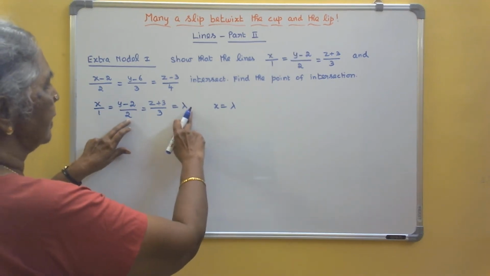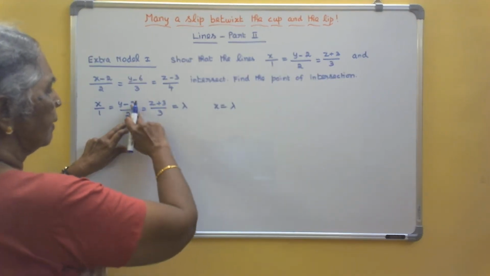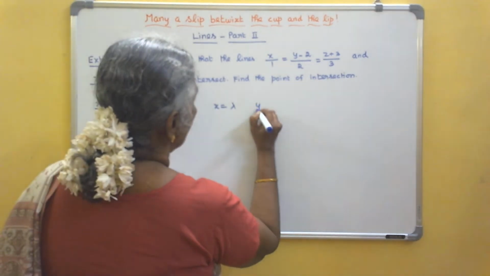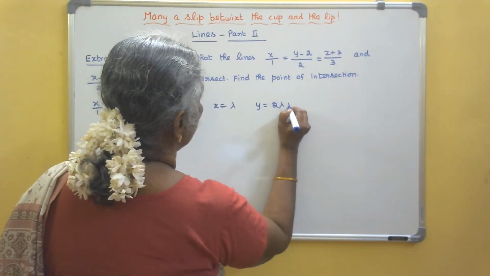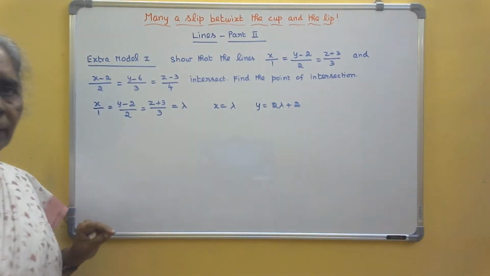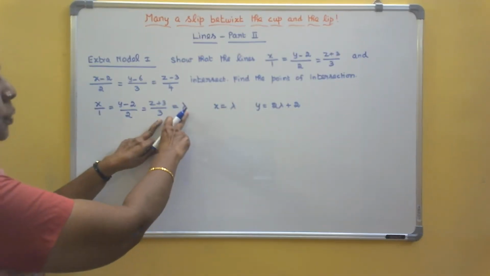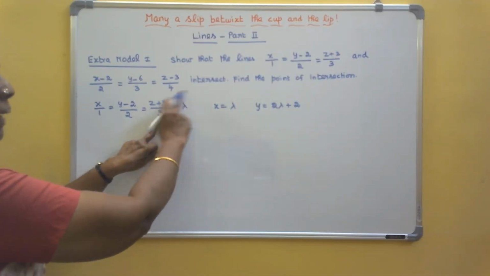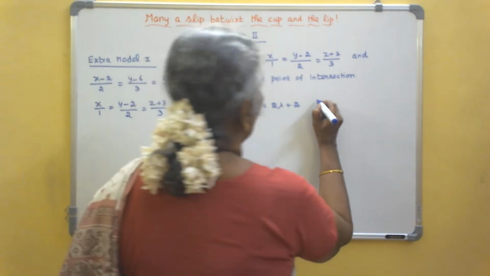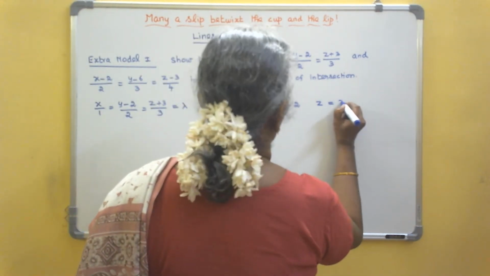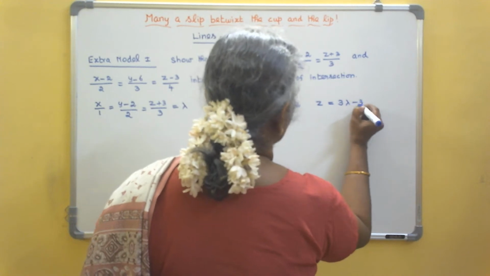Now take the next: 2 lambda, and that minus 2 you bring this side, so you will get y = 2 lambda + 2. Then take these two: 3 lambda, bring that plus 3 to the other side, so you will get z = 3 lambda - 3.